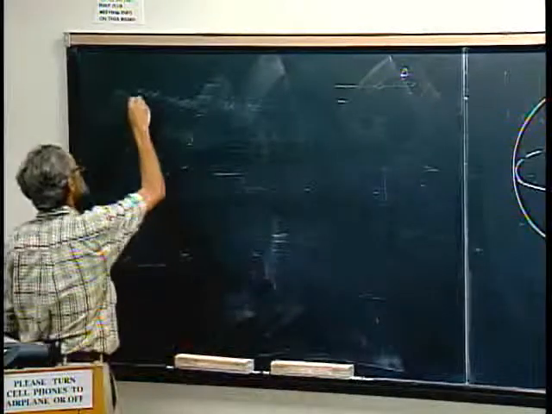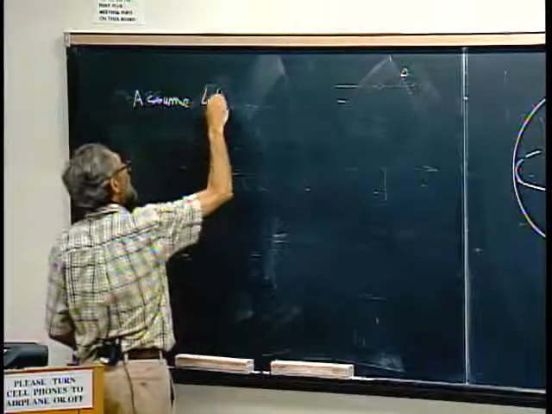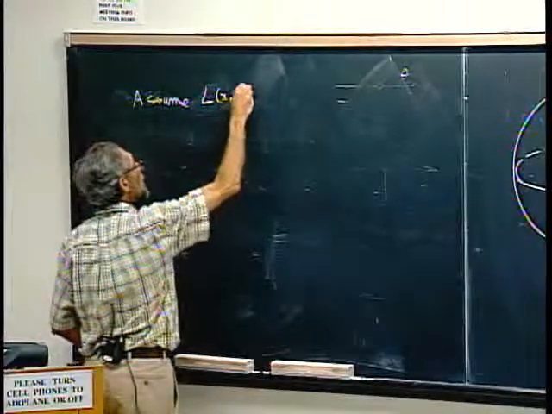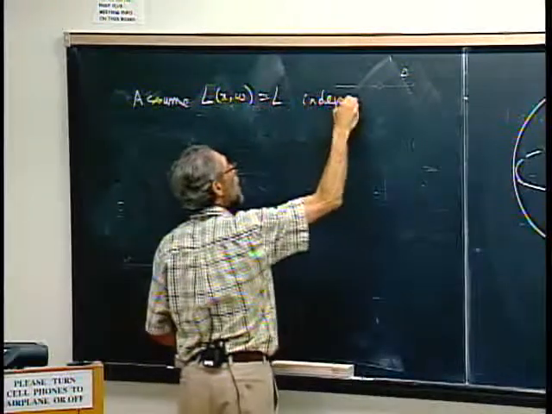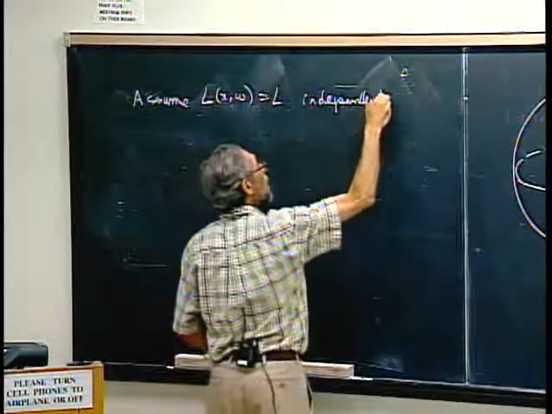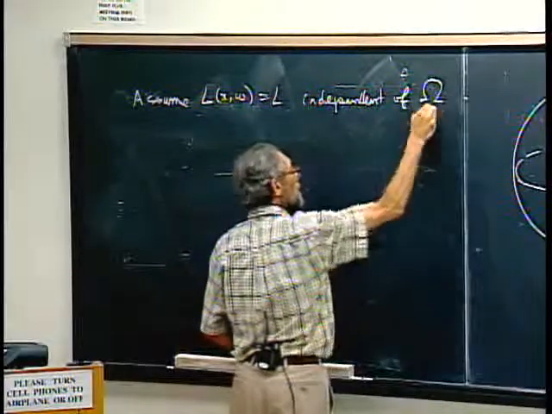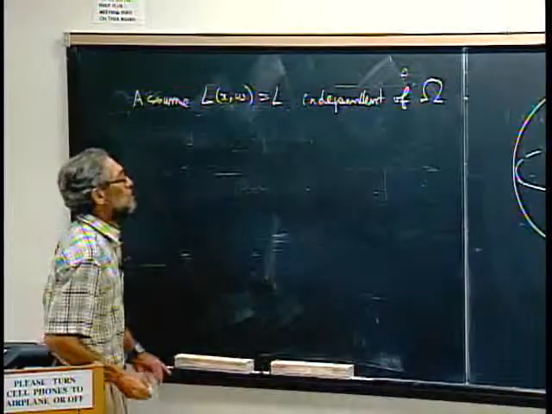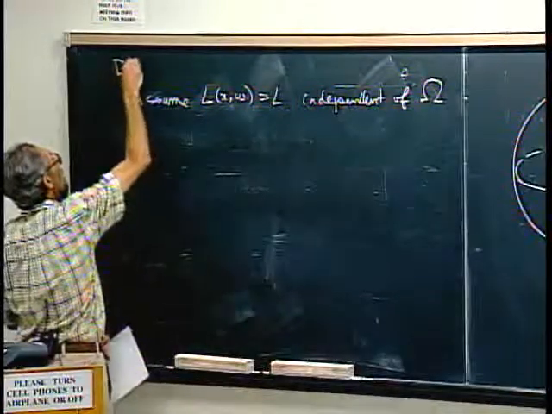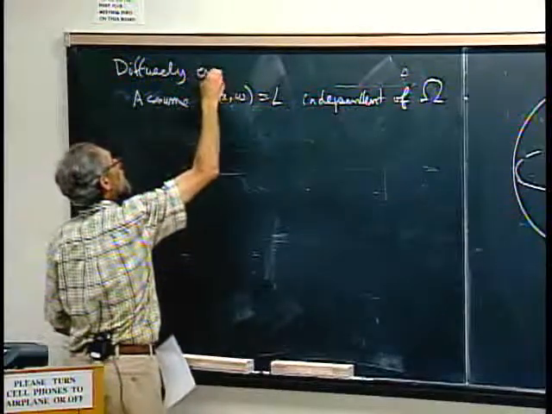Now I want to assume the light at position X from direction omega is just a constant L, independent of omega. So this is for a diffusely emitting surface.